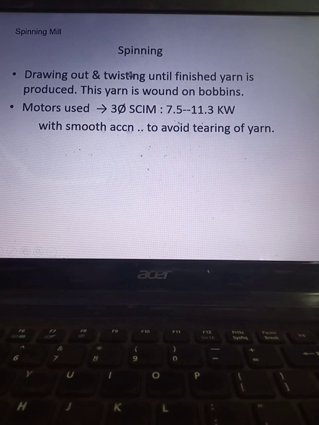The motor used for spinning is a three-phase squirrel cage motor with a capacity of about 7.5 to 11.3 kilowatt. And this spinning machine has to have features like smooth acceleration. Why? To avoid tearing of the yarn involved there.